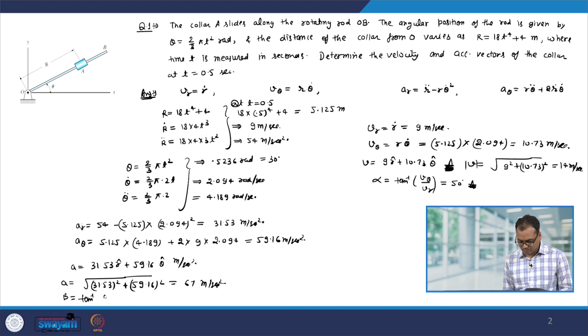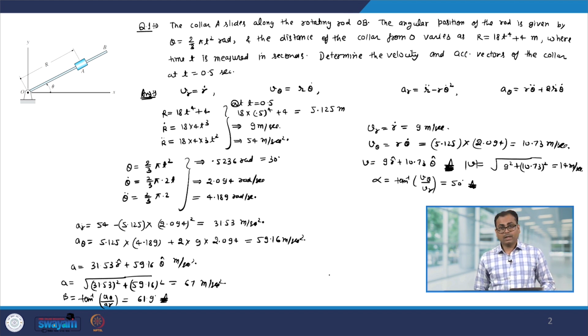So this is tan inverse of A theta over A r, which comes out to be 61.9 degrees. Now let us look at the velocity diagram. We have this collar, and this angle is given as 30 degrees. The collar has a velocity along r. So r is given as 5.125 meter.